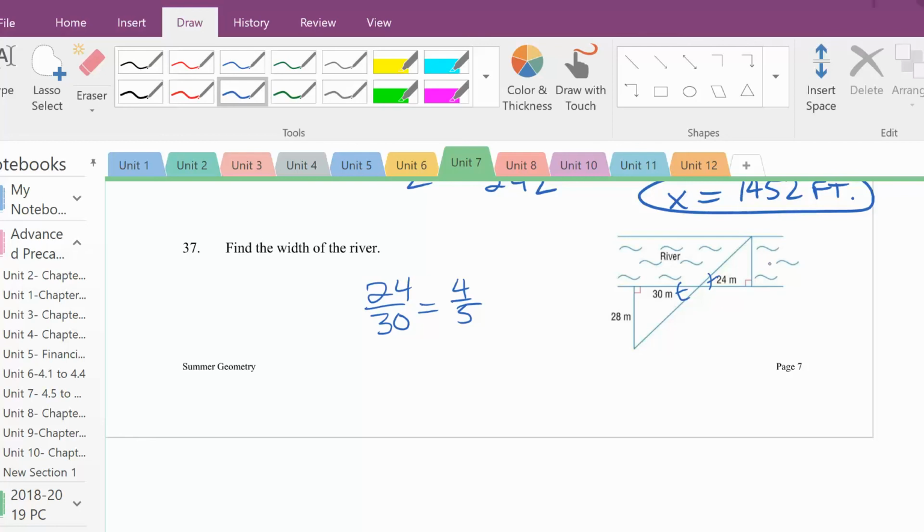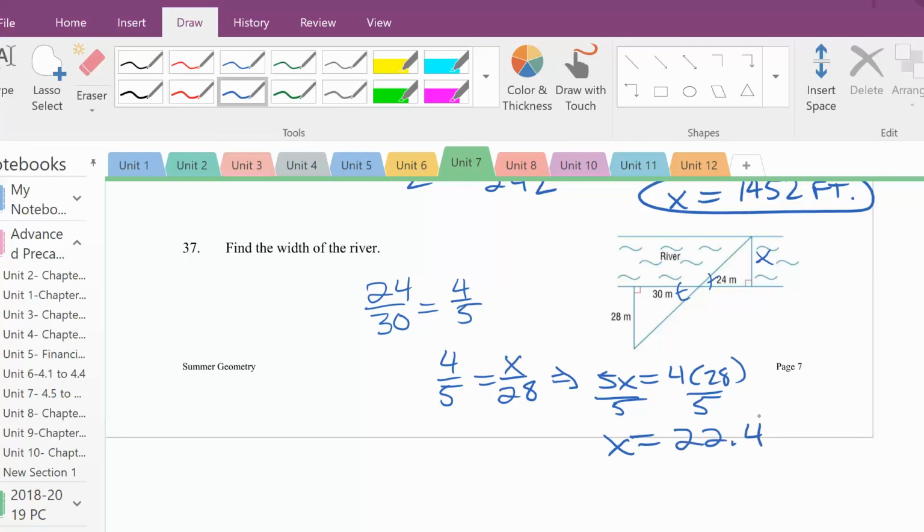So to find the width of the river here, you take 4/5 equals x over 28. So you get 5x equals 4 times 28, and then you divide by 5. And you get that the width of the river is approximately 22.4 meters.